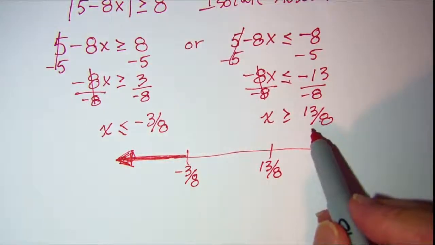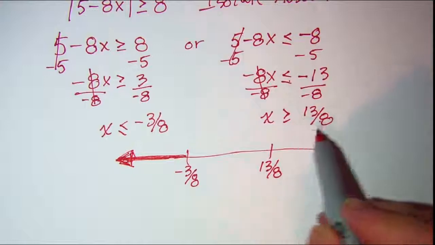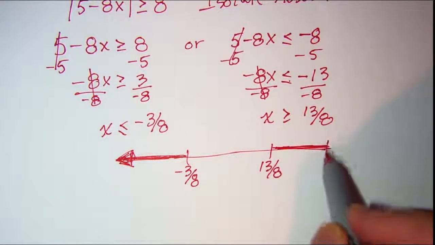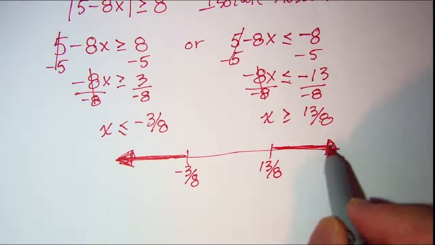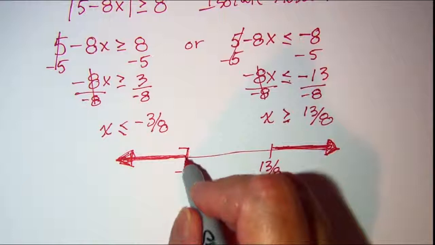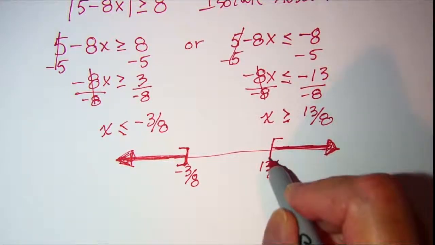And I also want x's to be greater than or to the right of 13/8. And that's these numbers. And I have the little line under my inequality, so I need the bracket to show that those endpoints are included.